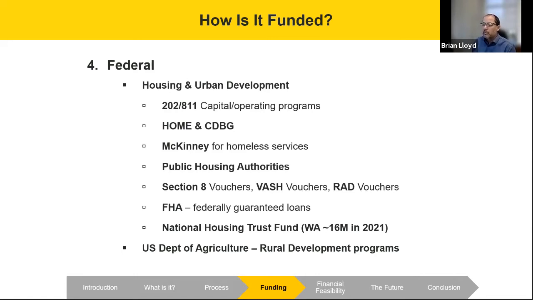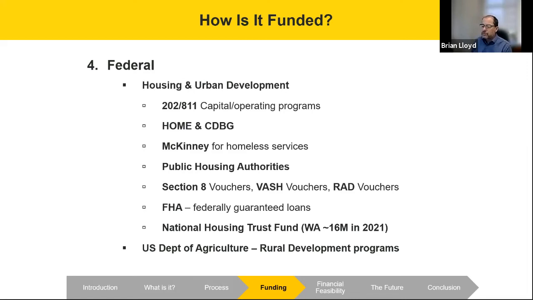But what that voucher does is it allows a voucher holder to rent an apartment in the market and pay 30% of their income toward the rent, with the federal voucher providing the landlord the balance of the rent. So as rents go up over time, the cost of the voucher program goes up over time.